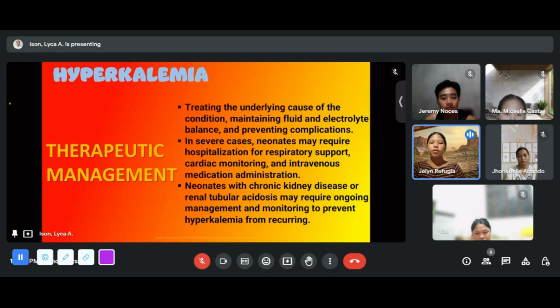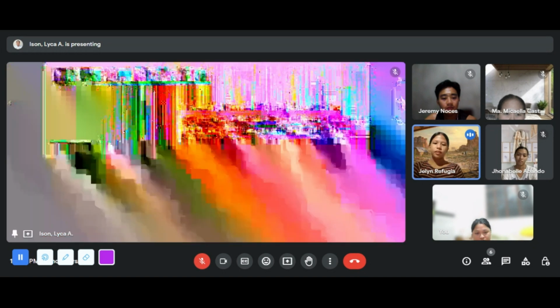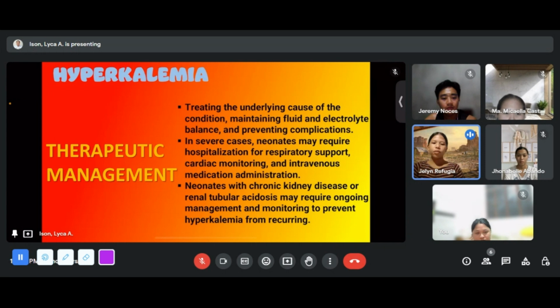So, yung mga baby na may chronic kidney disease, nagre-require na ng ongoing management and kailangan i-monitor para maiwasang magkaroon ng hyperkalemia. So, next slide.